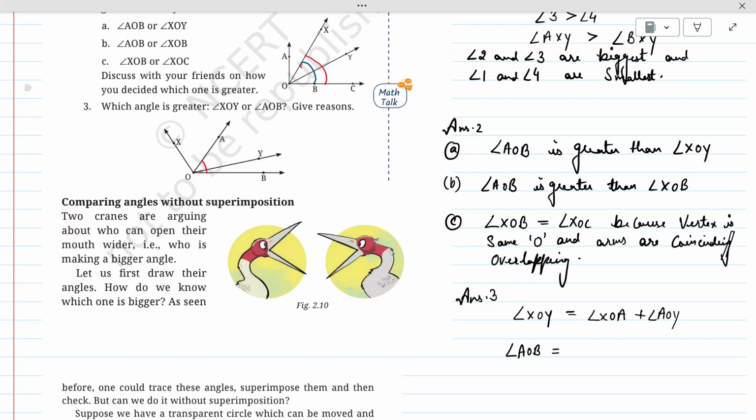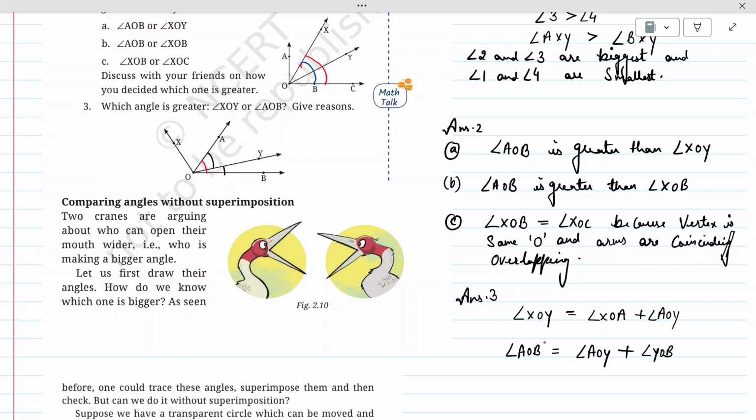How? Angle AOY plus angle YOB. This whole is the sum of this plus this. So angle AOY plus angle YOB. I have divided this whole angle into two parts, AOY plus YOB.